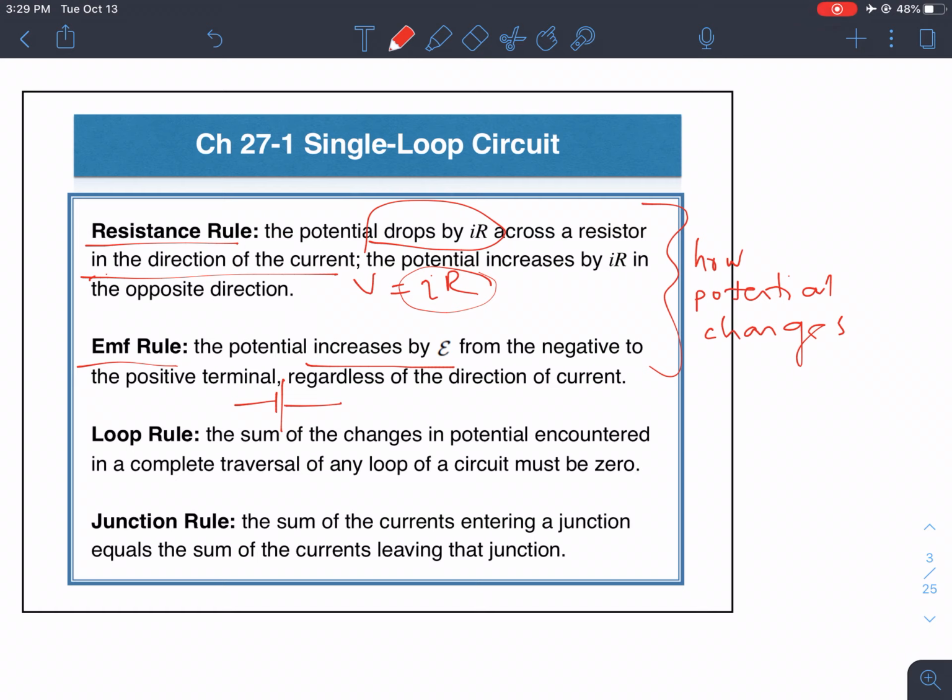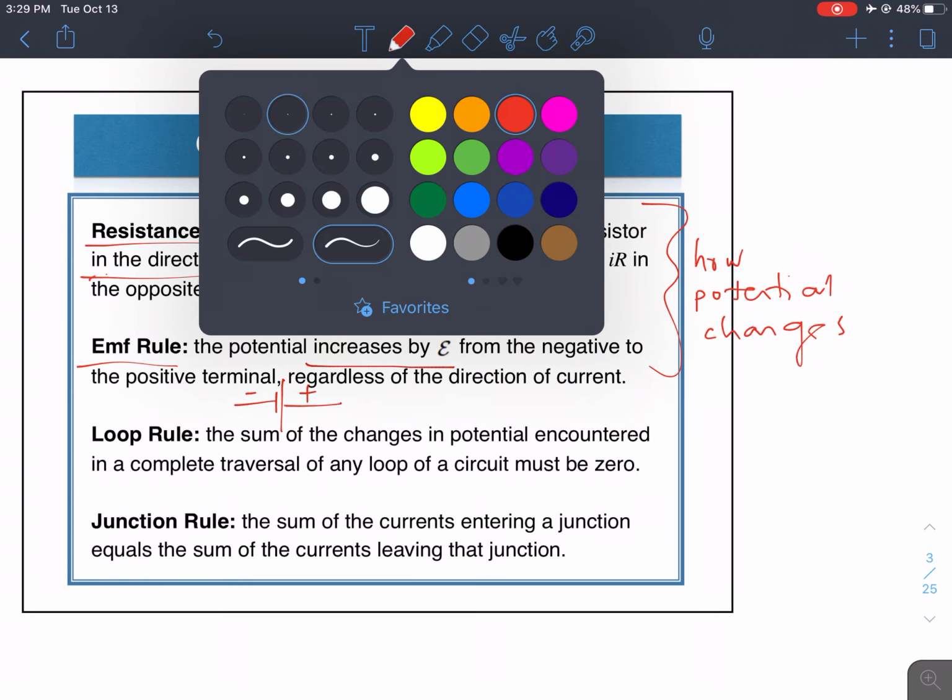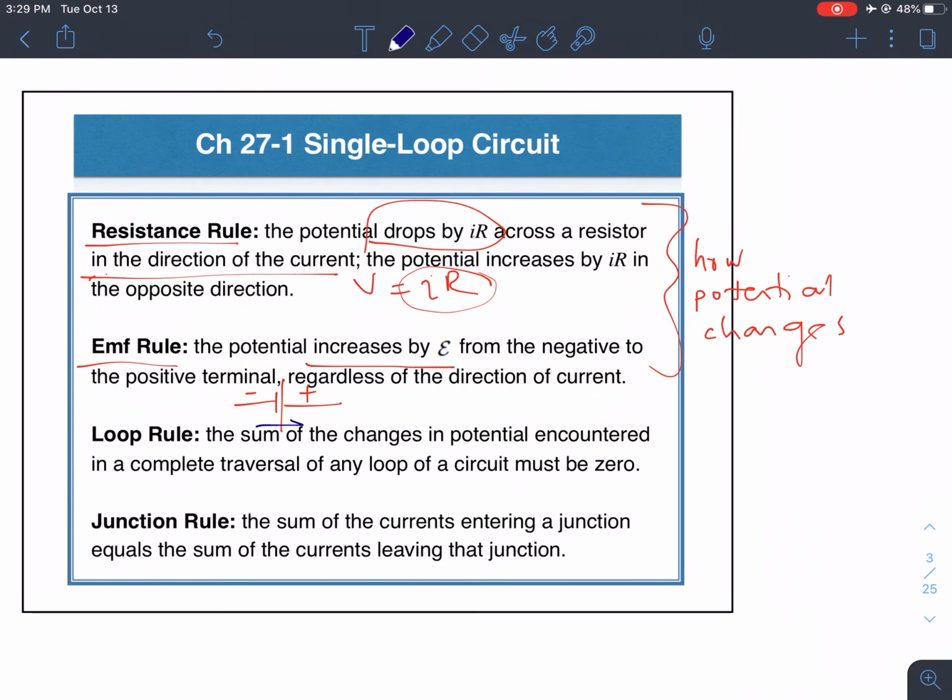You have negative on this side and positive on that side. So the potential increases from negative to positive terminal, right? So you have an increase when you go from left to right, and this is going to be the direction of the EMF as we will assign.